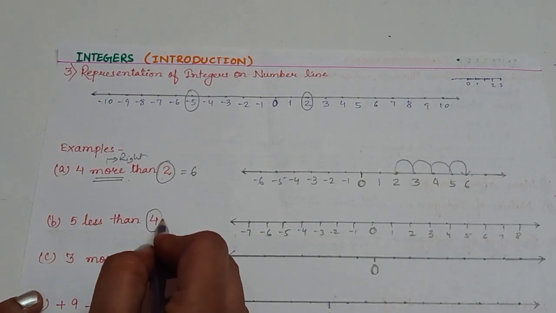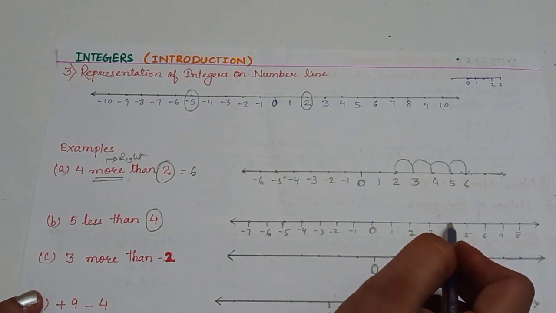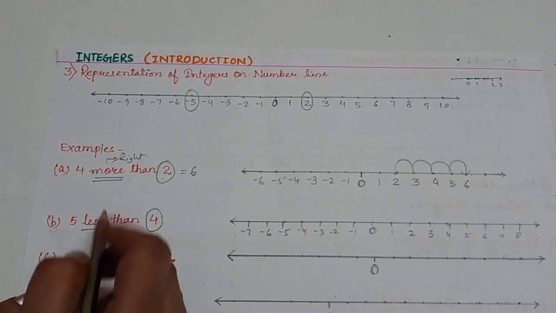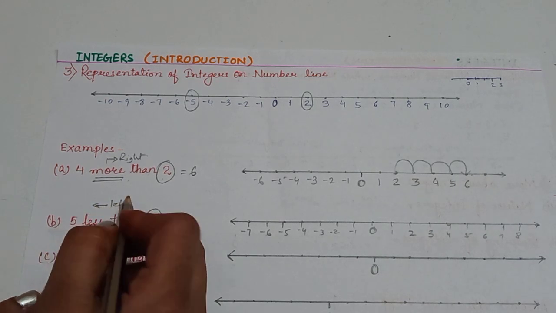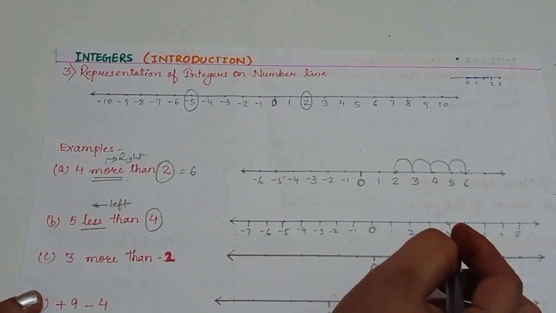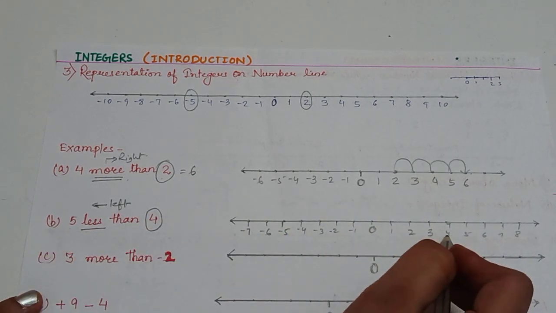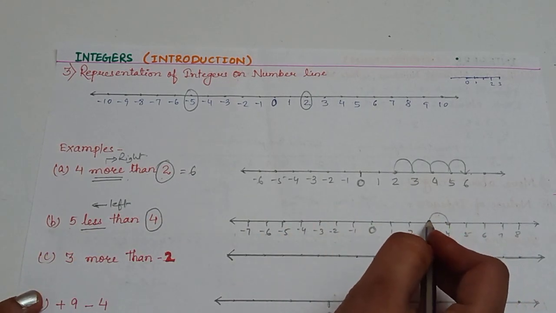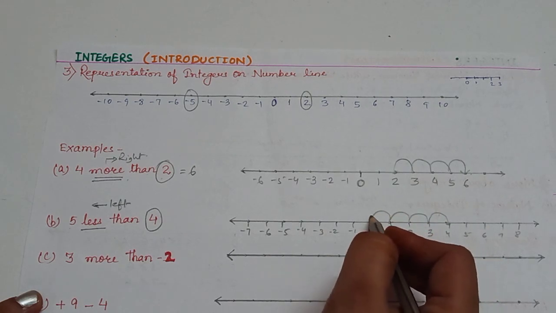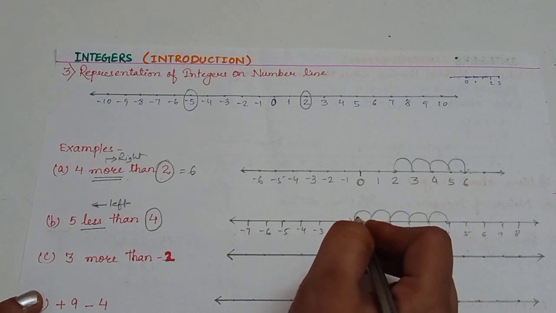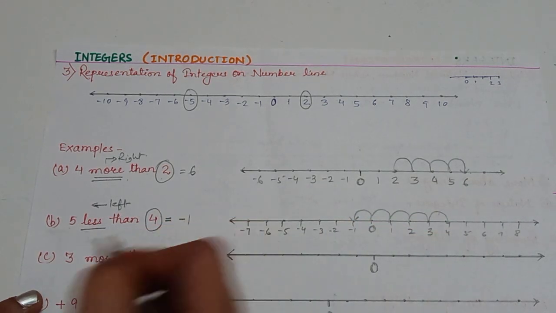Again we will see 4 first. Okay, here we are. It is given less, which means we have to move to the left. Less means left. How many steps do we need to move? 5 steps. So let's move to the left. 1, 2, 3, 4, 5. Where are we now? We are at -1. So -1 is our answer.